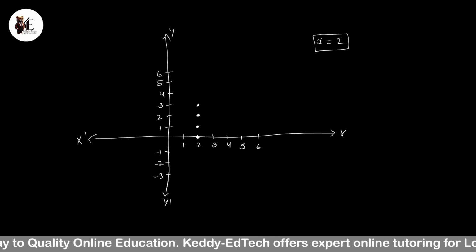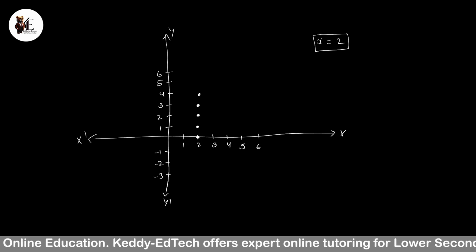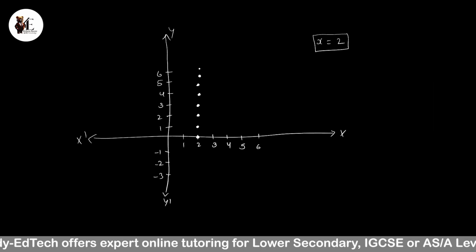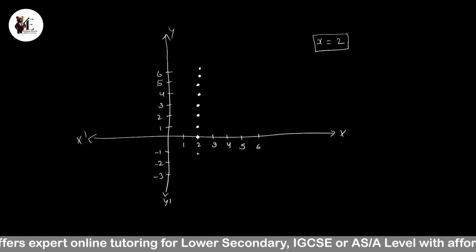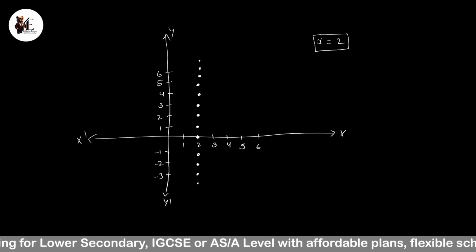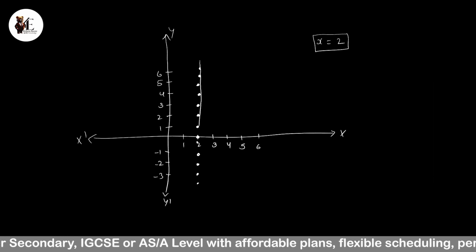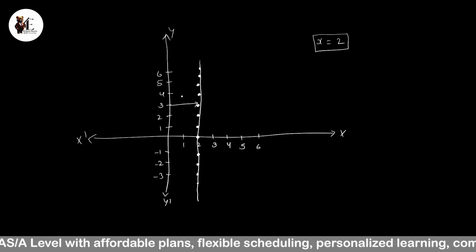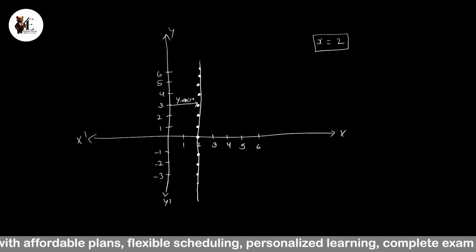Similarly at every point, the value of y is changing, but the value of x is the same, that is 2. x equals 2. And if you join these points and draw the graph, the graph will always be parallel to the y-axis.